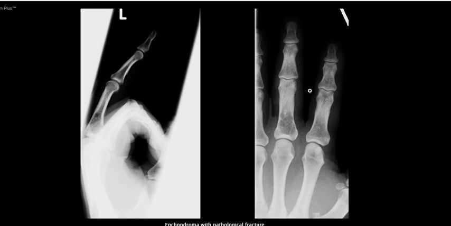This is a good example of a pathological fracture. And what they can demonstrate is what we call scalloping within the bone with lobulated appearances. When we see multiple enchondromas, there's a disease called Ollier's disease. This is where there's multiple enchondromas.